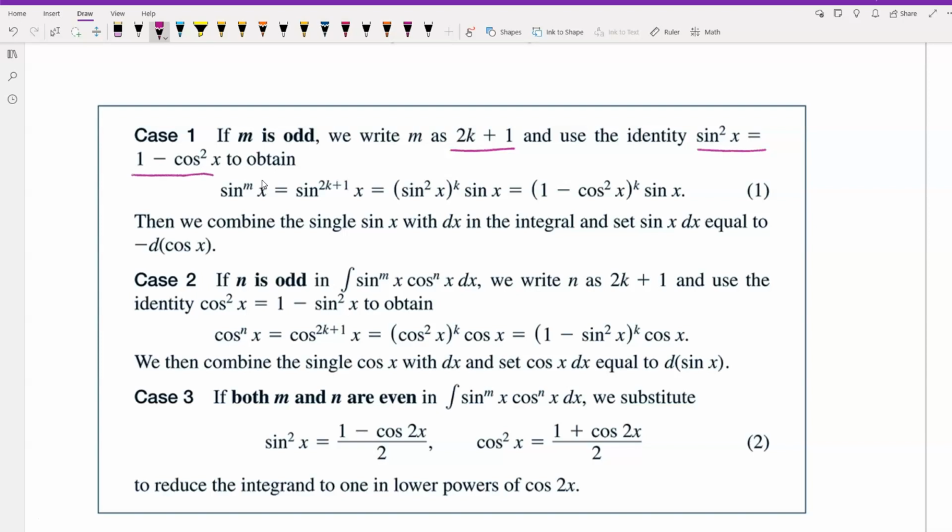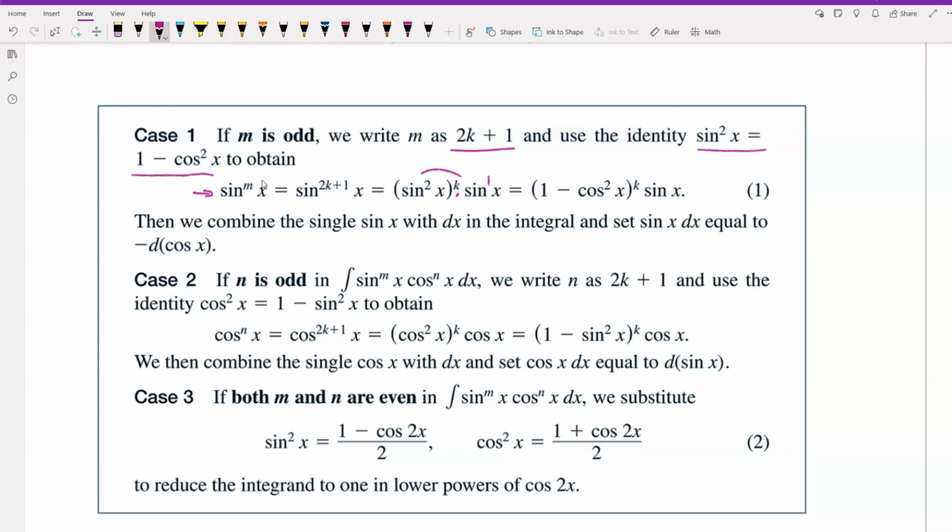So using that, when we have sine to the power m, instead of m we have 2k plus 1, and that is equal to sine to the power 2k multiplied by sine. Here the power is 2 times k, and here the power is 1.